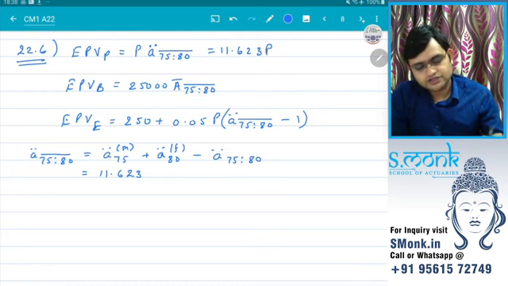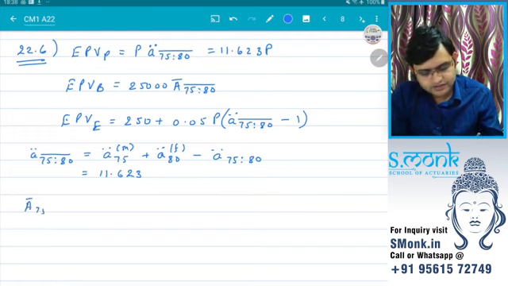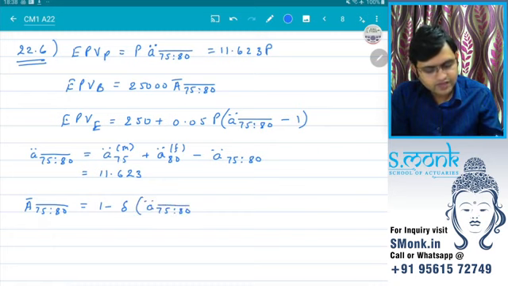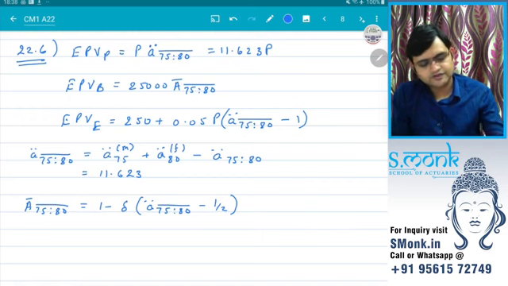Then assurance. A bar 75, 80 can be written as 1 minus delta times a due 75, 80 bar minus half, because I want A bar there. So just subtract half, this will be easier.